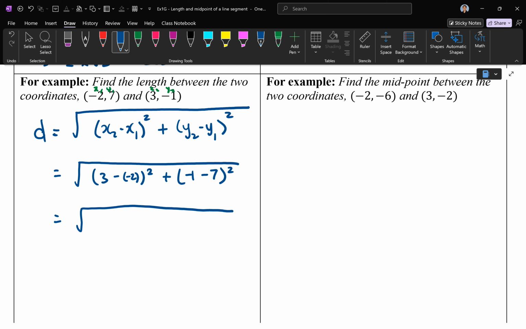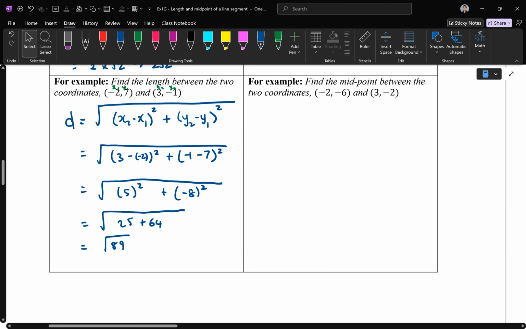Square root. Notice the whole time my layout is all vertical. I use brackets very consistently. 3 minus negative 2 is 5. So that's 5 squared plus negative 8 squared. That gives me 25 plus 64. And 25 plus 64 is 89.